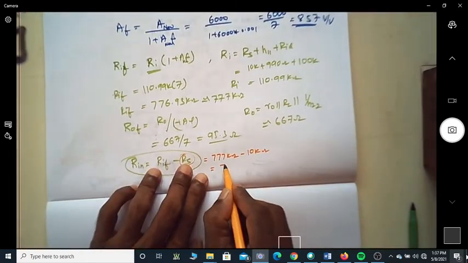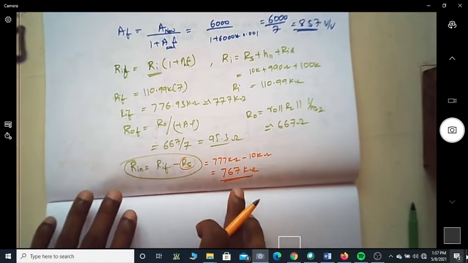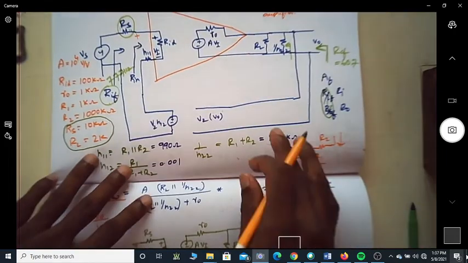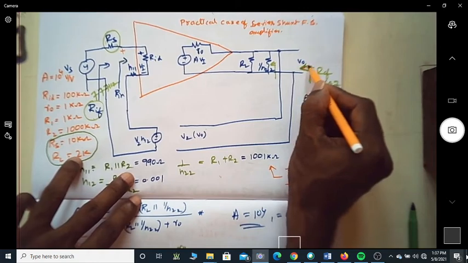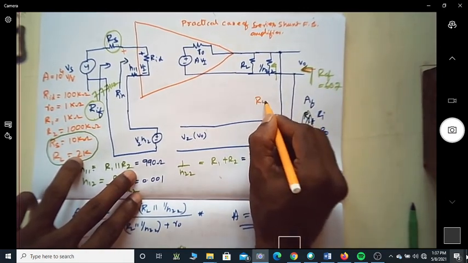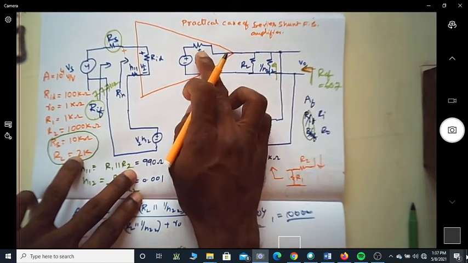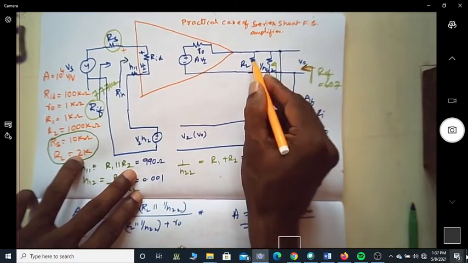So it now becomes 767 kilo ohms. This is the output impedance. Similarly, if you are looking at the output impedance, you have the overall R naught, which is the combination of all of them, and of course the feedback factor, and you have an RL.